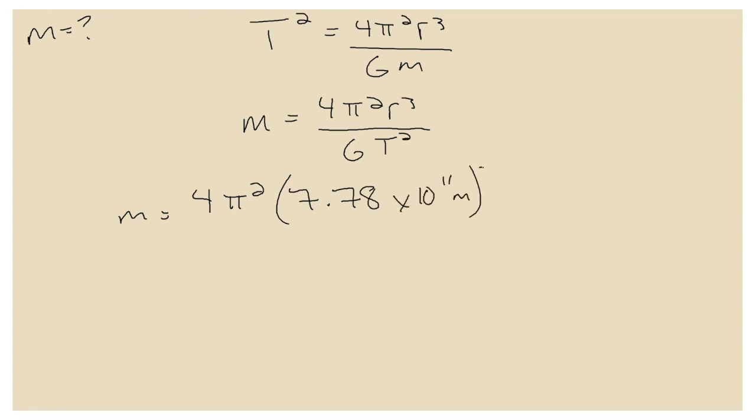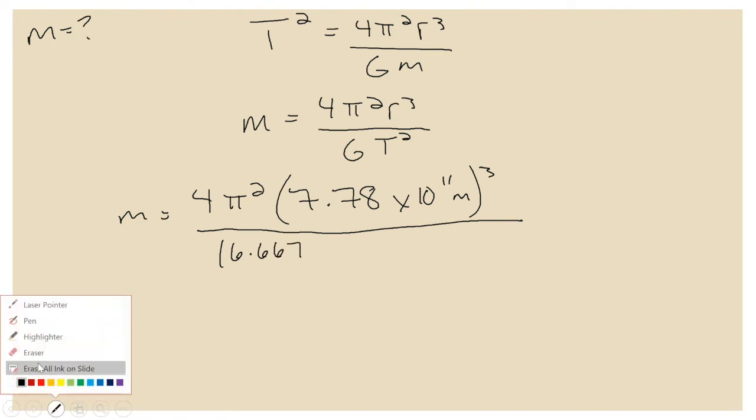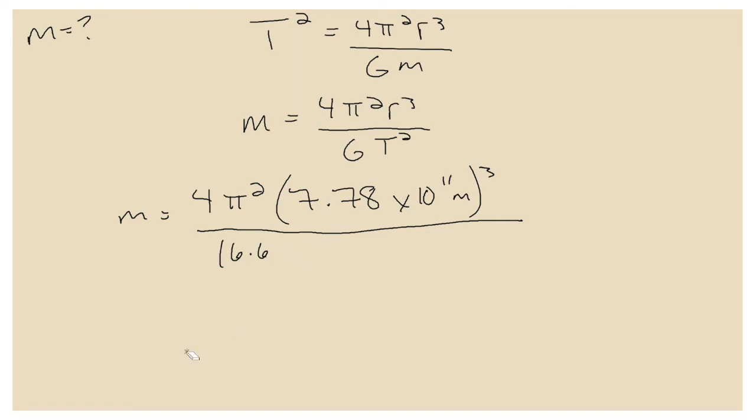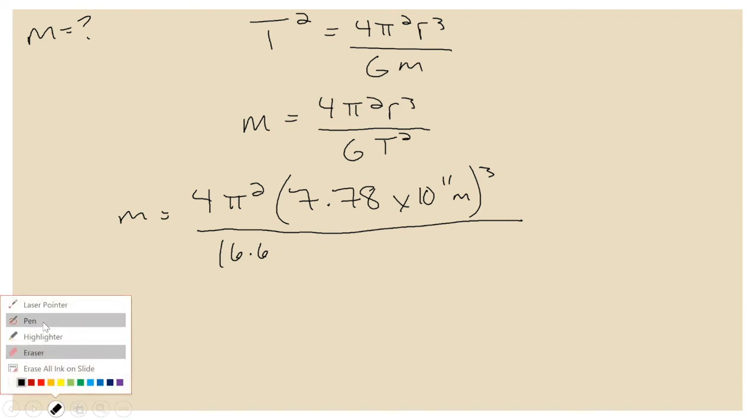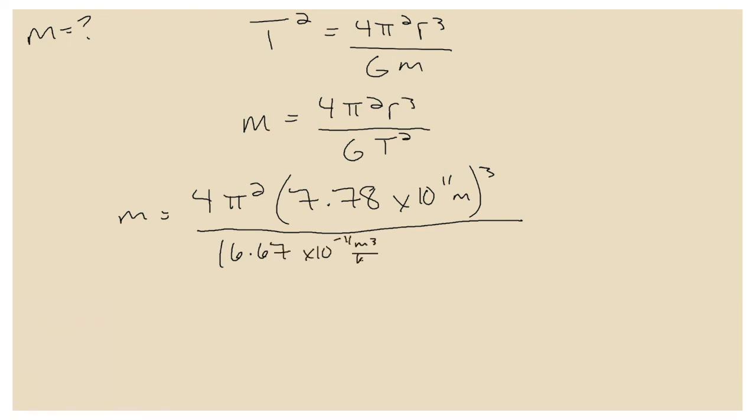And we got to cube that. And then we're going to divide that by G, which is 6.67 times 10 to the negative 11 meters cubed per kilogram second squared. And then we have to multiply that by T squared, and we said the period was 3.74 times 10 to the 8 seconds.